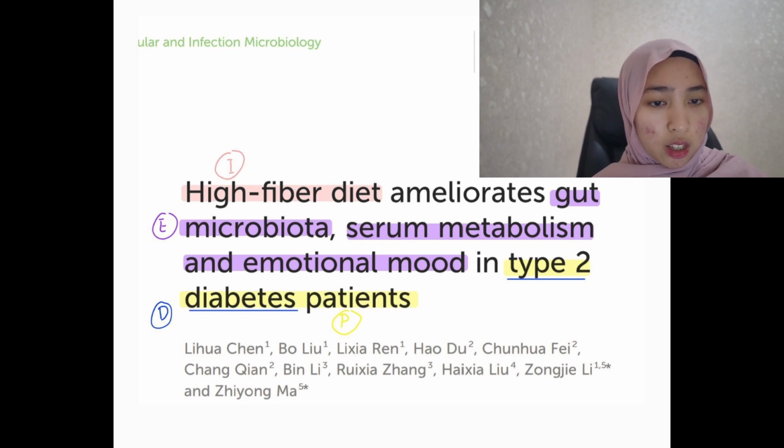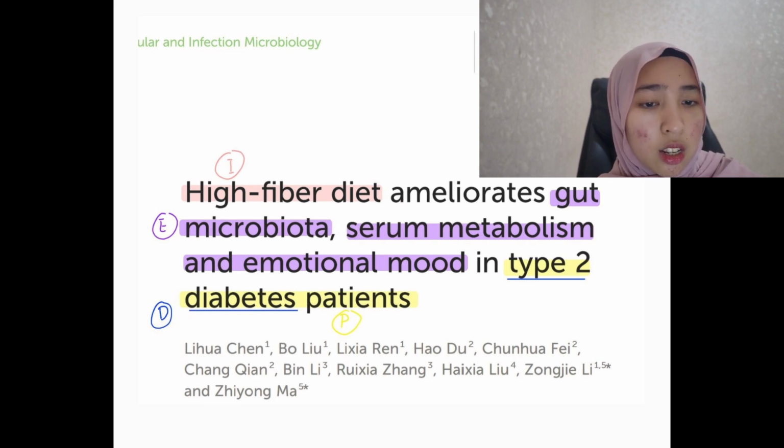I is for intervention. It's talking about what is being tested or used. And in the title there is an intervention. The quote is "high fiber diet." C is for comparison. What is the intervention compared to? But this title doesn't say it.